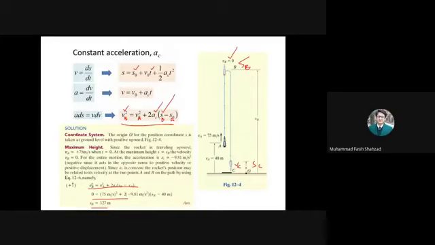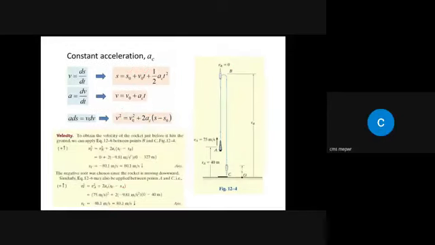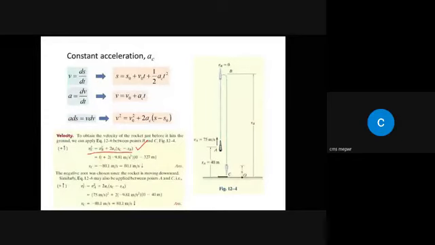So from this equation, can we find out VC? Definitely. Okay, so let's see. So when you put all those values, what you will get, VC is equal to minus 80.1.